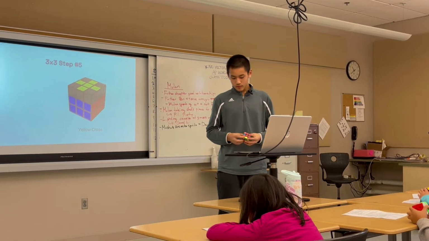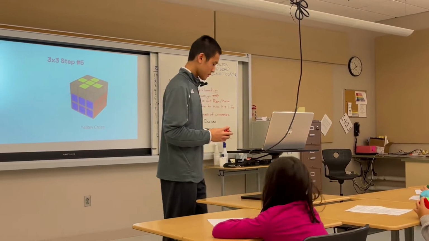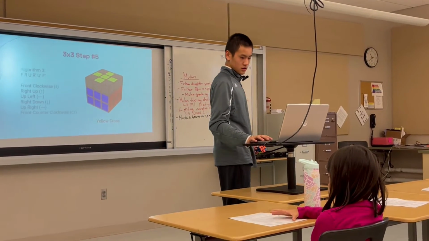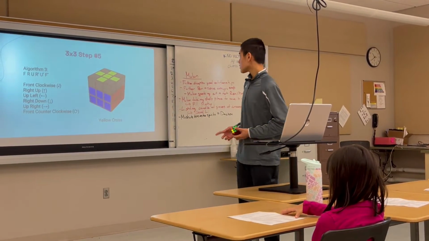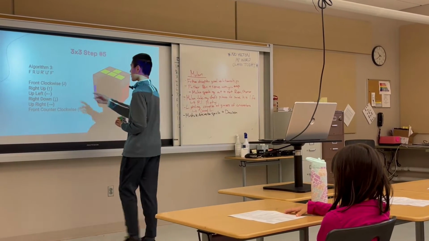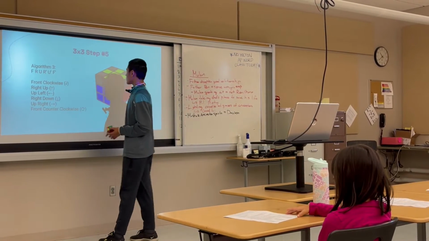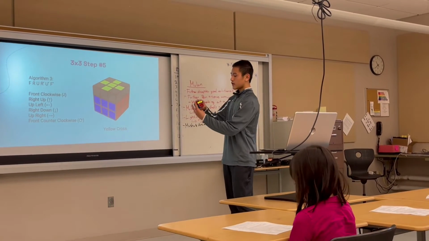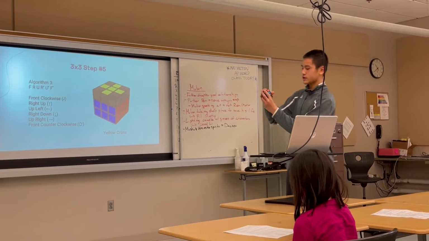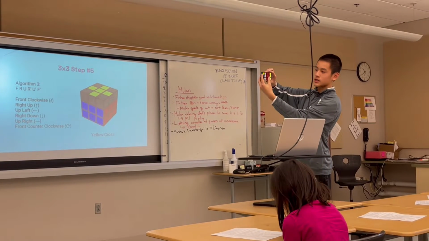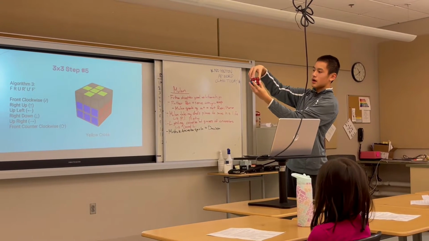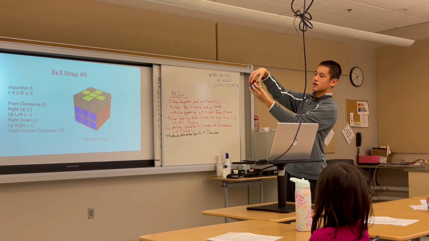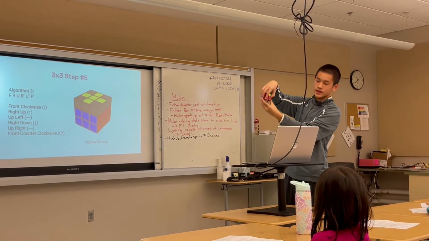All right. So the algorithm for this is we're going to be using algorithm 3. The algorithm for all of these cases is: turn the front clockwise, like this, right up left, right down, up right, and front side counterclockwise.